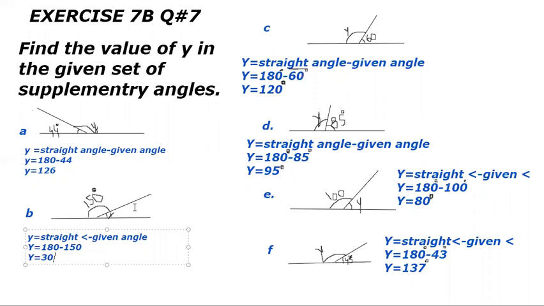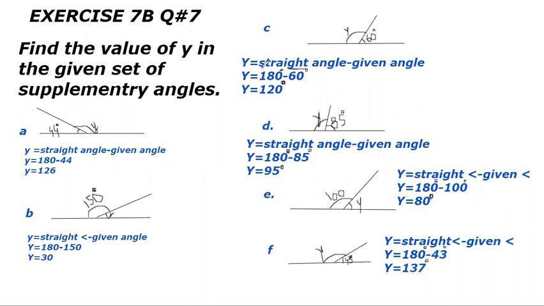This is the basics, and now we will do the C part. C part, the same, a diagram is given to you. Unknown angle is y and the known angle is 60 degree. We will use the formula y equals straight angle minus given angle.